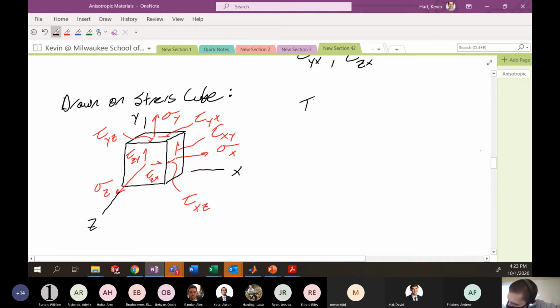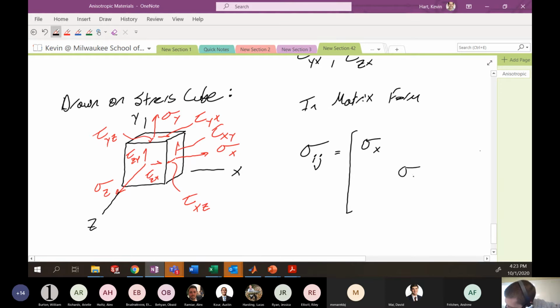So in matrix form, we typically write this as your stress sigma ij in the following way. Got your normal stresses in the diagonal.